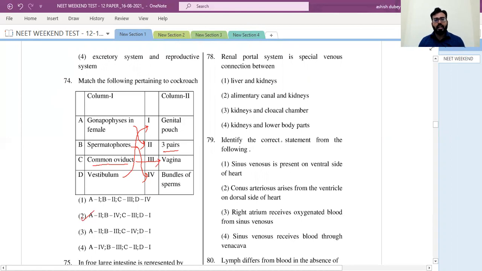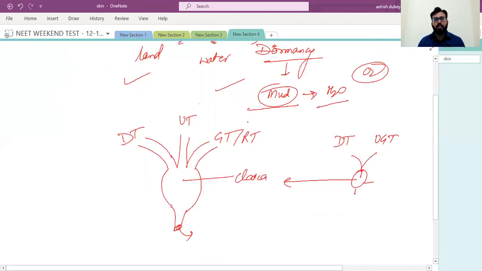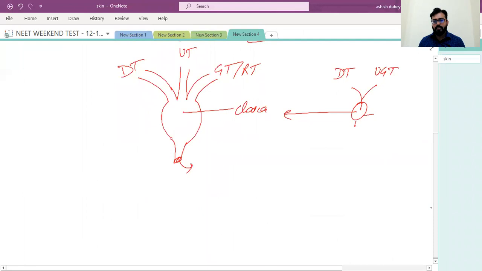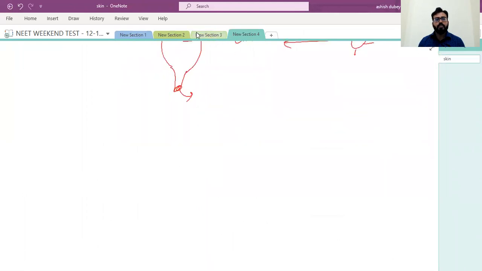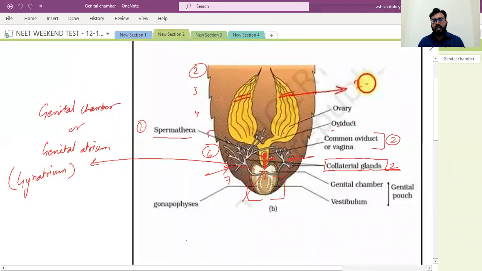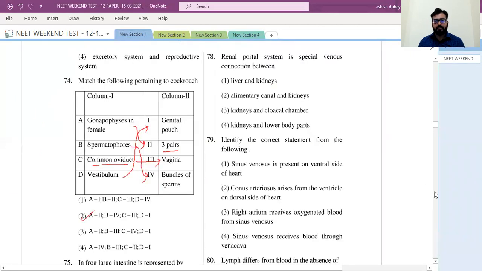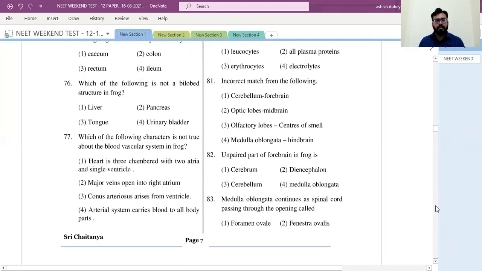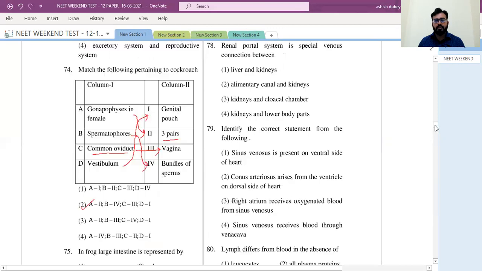There are 2 parts of genital pouch. Here also you can see genital pouch is having two parts: number one, the genital chamber, and number two, the vestibulum. That's why it is matching with this. So the answer should be second.